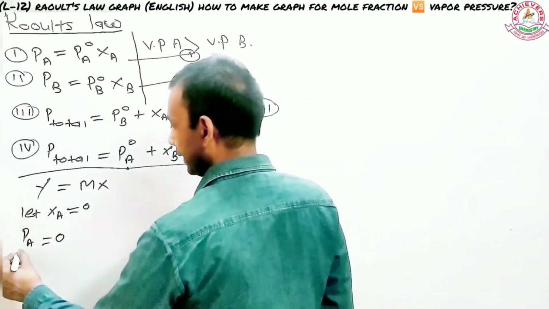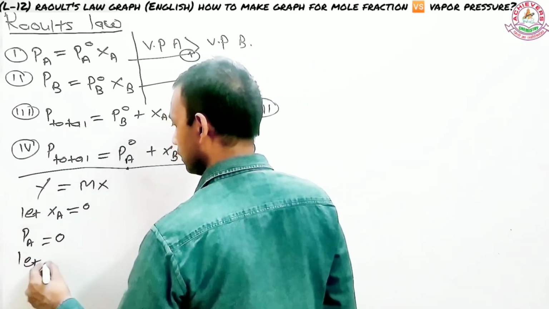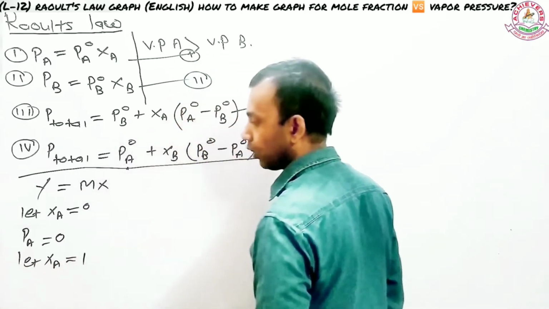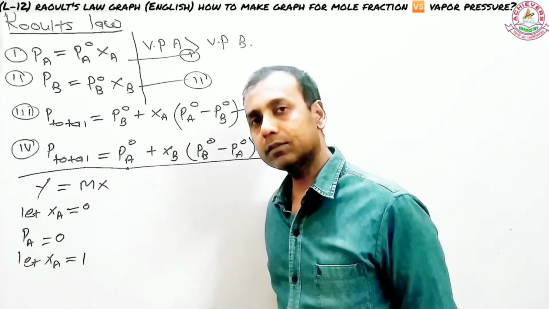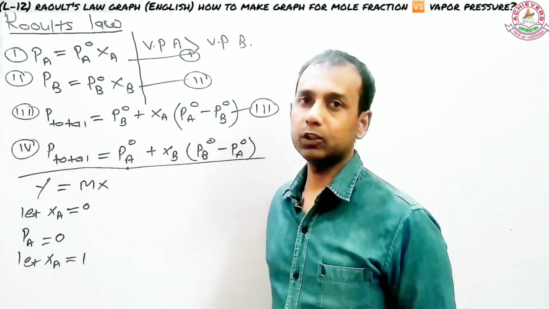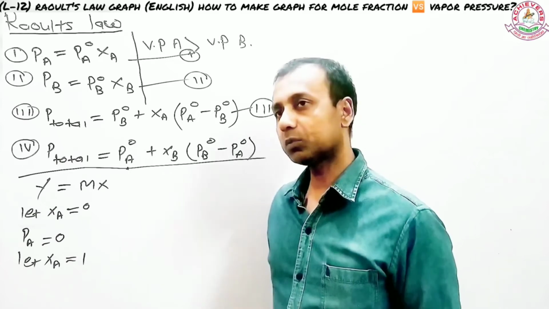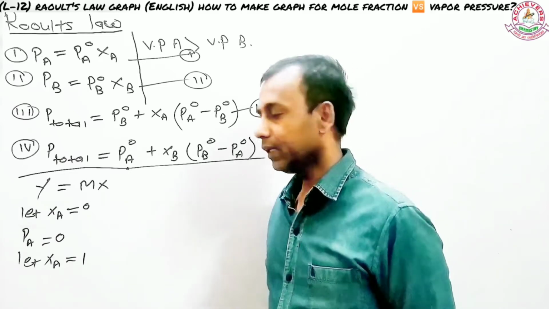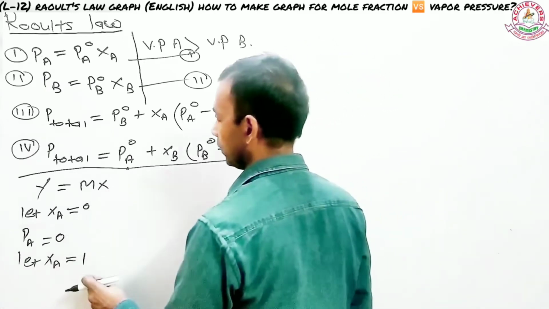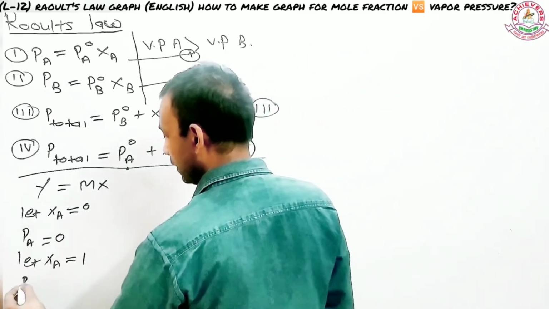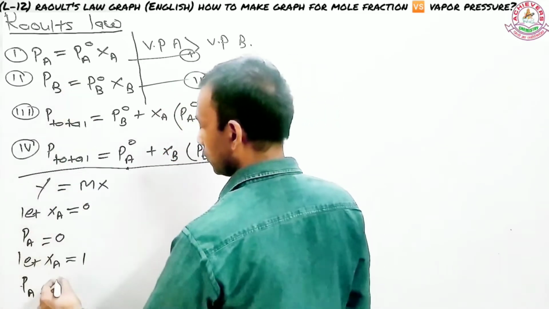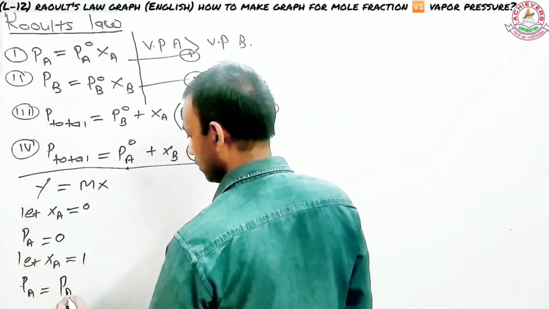Now let XA be equal to 1. What I just did was imagine XA equal to 1, but remember you cannot take a value more than 1 because mole fraction cannot be beyond 1, right? So 0 and whatever suits you, you can take two values. I have taken 0 and 1. Now what will happen? PA is equal to PA naught.